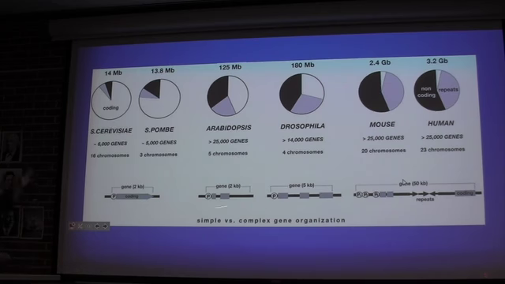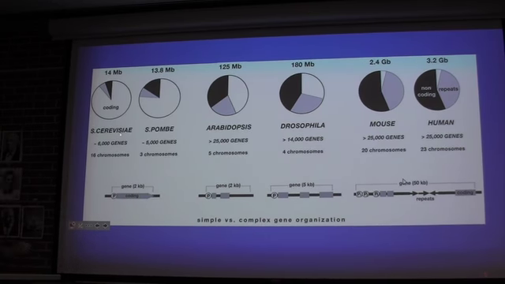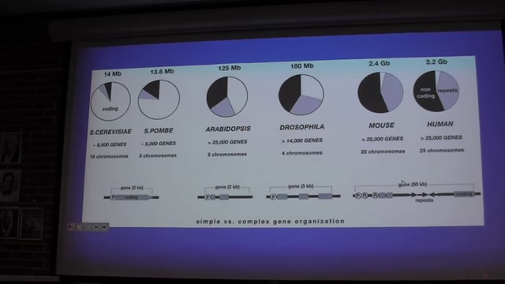How about the organization of genes as you go across these different groups of organisms? In the yeast, introns, practically non-existent. There's another thing about yeast genes I found out, didn't know it until last year maybe, or a year before. They have no 5' untranslated region either.